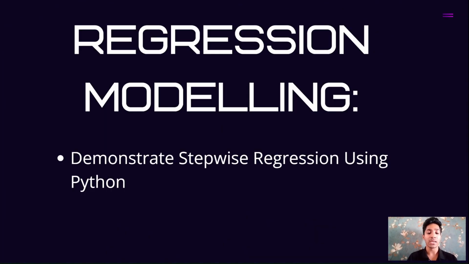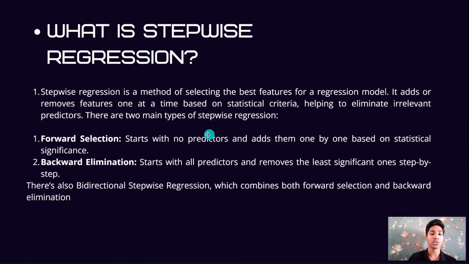Now I'll be demonstrating stepwise regression using Python. So let's start with the basics. What is stepwise regression? Stepwise regression is a method of selecting the best features for a regression model. It adds or removes features one at a time based on specific criteria, helping to eliminate irrelevant predictors. There are two main types of stepwise regression. First is forward selection and second is backward elimination.